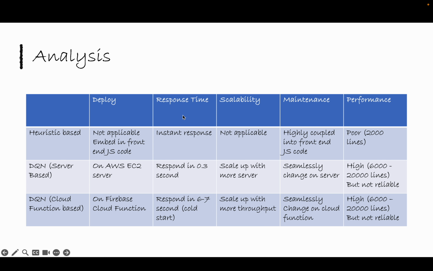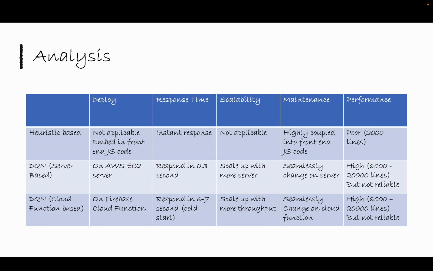For example, the response time. As for the heuristic-based AI, since it is purely embedded in the front-end JS, it can give an instant response. And for the DQN deployed on the server, the response time is around 0.3 to 0.5 seconds. It actually depends on the network.